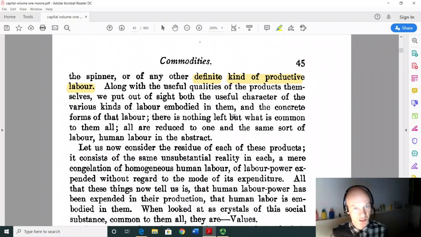Labor is embodied in the things that this labor has produced, and the concrete forms of that labor. Again, we have here the word form. So we have labor in a sort of abstract sense, and then we have concrete forms of labor. There's nothing left but what is common to them all. All are reduced to one and the same sort of labor, and that's what he calls human labor in the abstract.